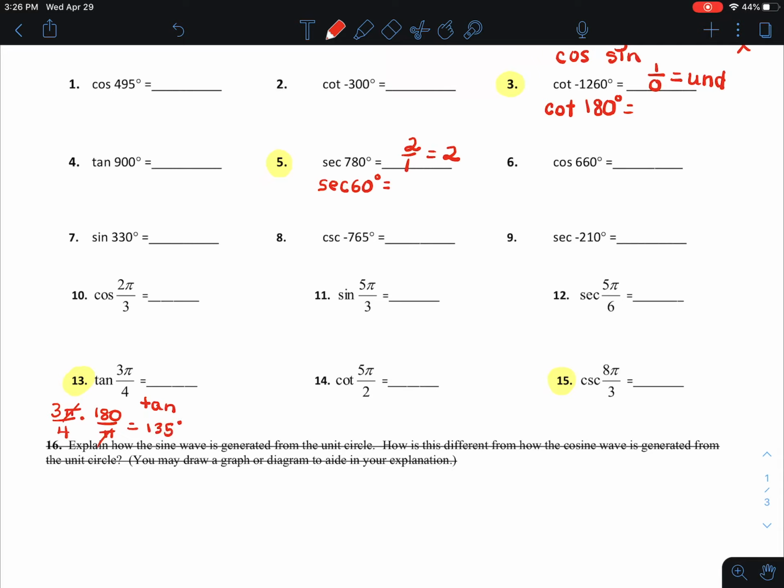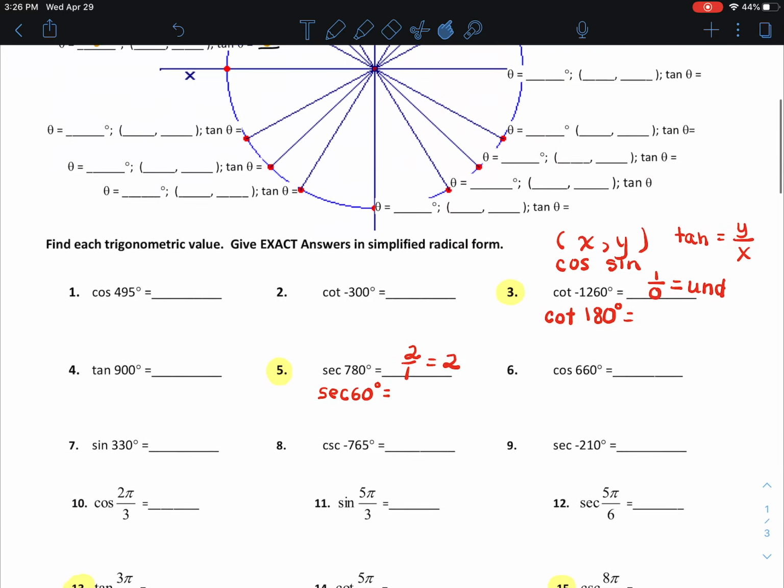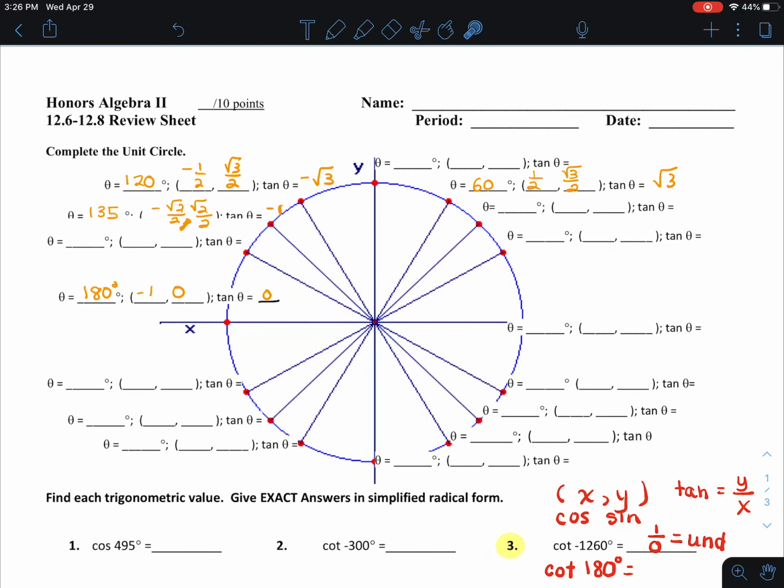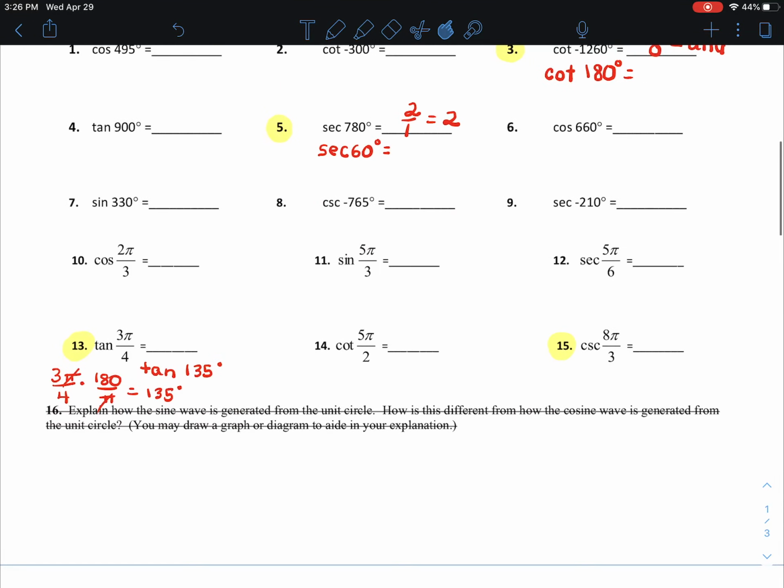We see that converts to 135 degrees. So we're going to go to tangent at 135. Okay, that 135 is here. I'm directly grabbing the tangent value. I do not need to do the reciprocal. This is just asking for tangent. There we go, -1.